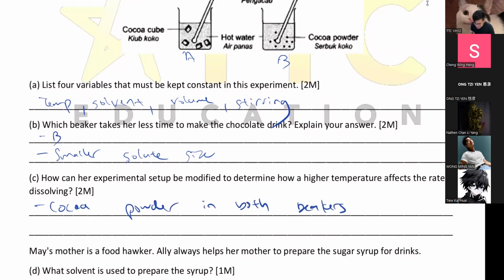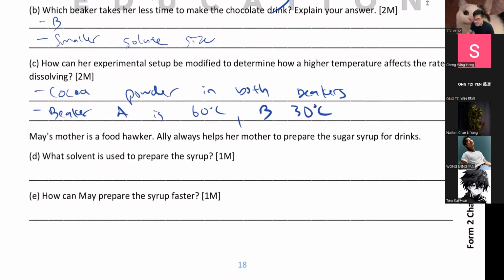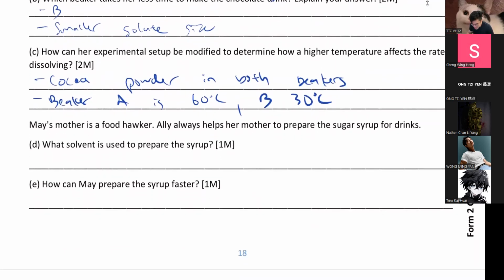Okay, so beaker A is 60 degrees. Beaker B is 30 degrees. Something like that. Stirring still doesn't change. Water still doesn't change. Everything remains the same. You're only changing one thing when you do an experiment.